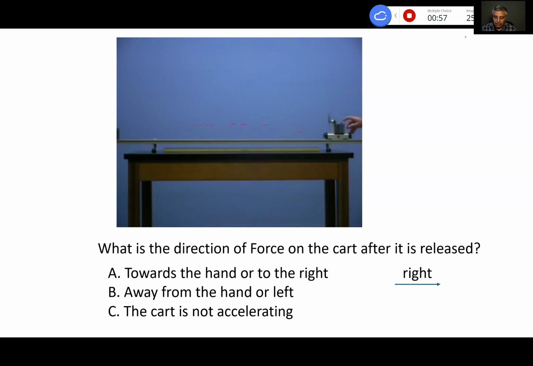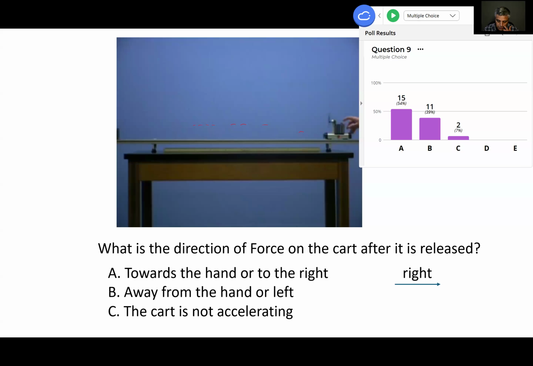And 5 more seconds. 5, 4, 3, 2, 1, and it stops. Okay, let's see what we got. So A and B are kind of competing, and we also see there are some choices for C. So the correct answer is A.